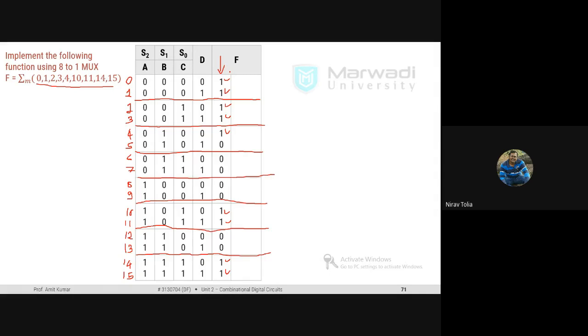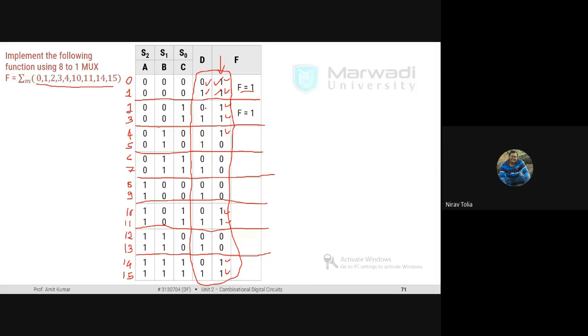Now what we have to do is compare this function with D. You can see, irrespective of D, either 0 or 1, my function remains 1, so F is equal to 1.